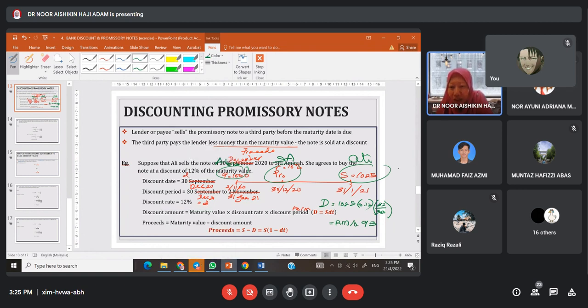How much dia dapat daripada Siti Aminah? Tolakkanlah 1025. So proceeds equals to 1025 S minus D minus 10 ringgit 93 cents. Berapa Ali dapat daripada Siti Aminah? 1014.07.